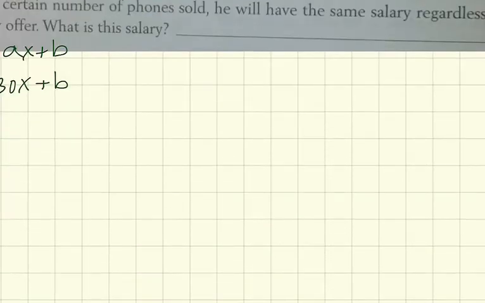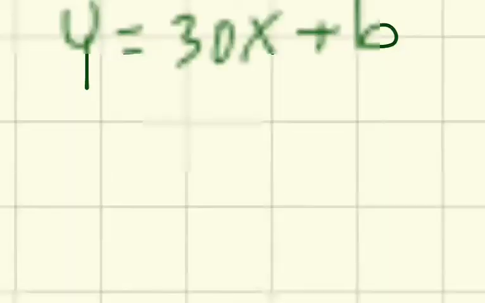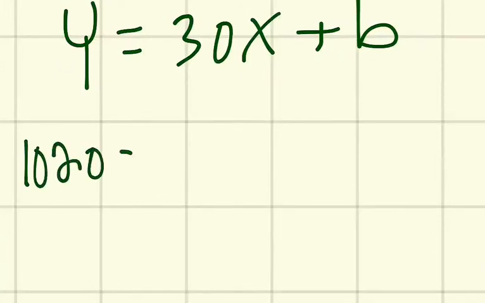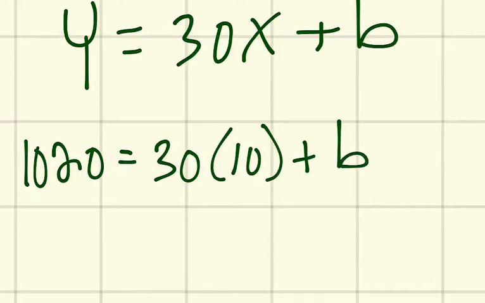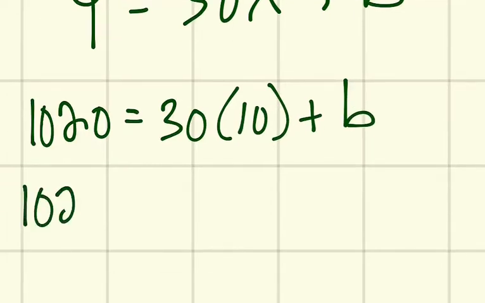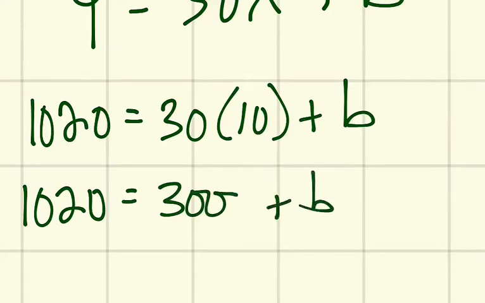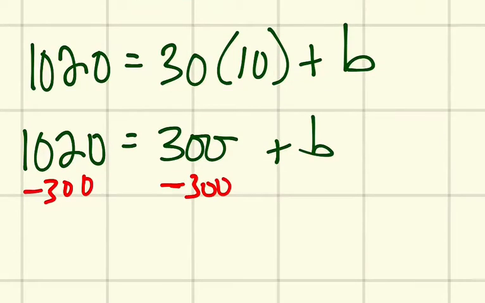So 1020 is equal to 30 times 10, which is 300, plus B. I'm going to subtract 300 from both sides to get B alone, and that makes 720.